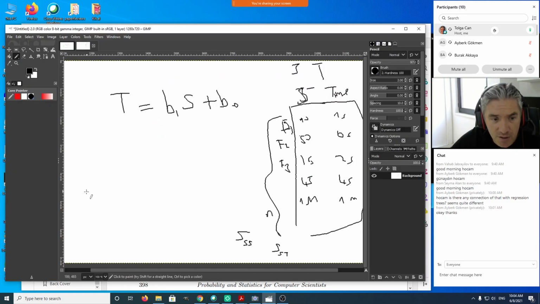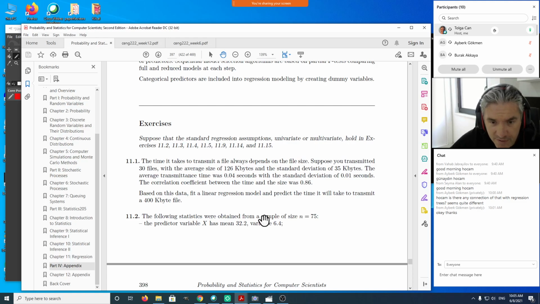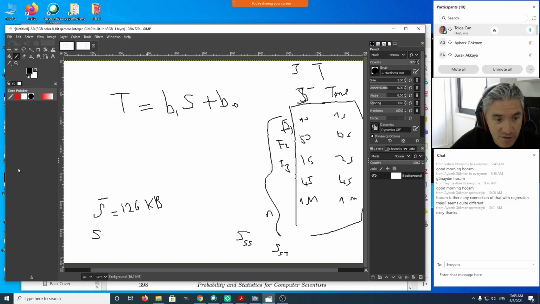So the average size is equal to 126 kilobytes, and the sample standard deviation of this, SS, is equal to 35 kilobytes.